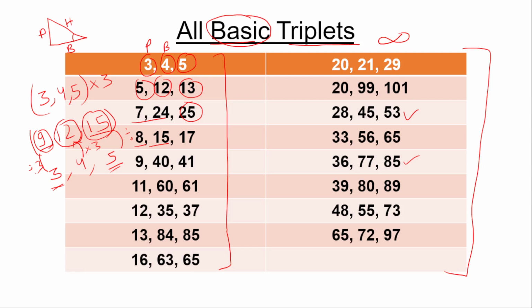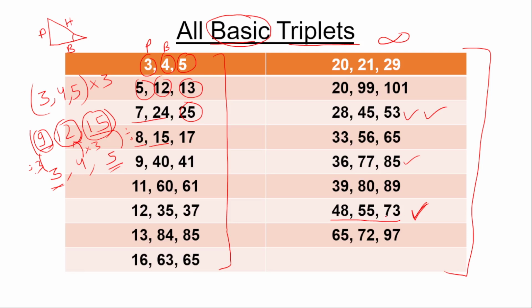Recently in the NTPC exam held in June 2025, this triplet and this triplet were used in questions. For example, 48, 55, 73 was used in a mensuration question. If you know this triplet, you can solve the question easily. If you don't know the triplet, you will need to square the numbers.